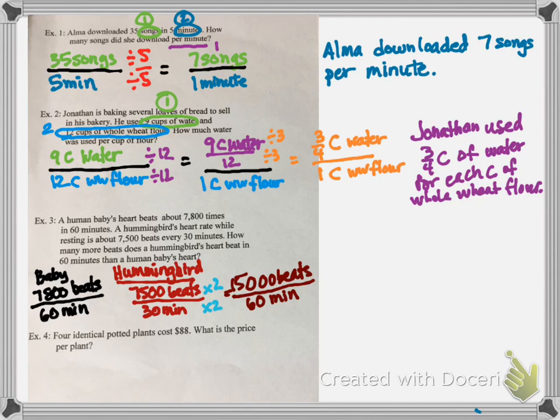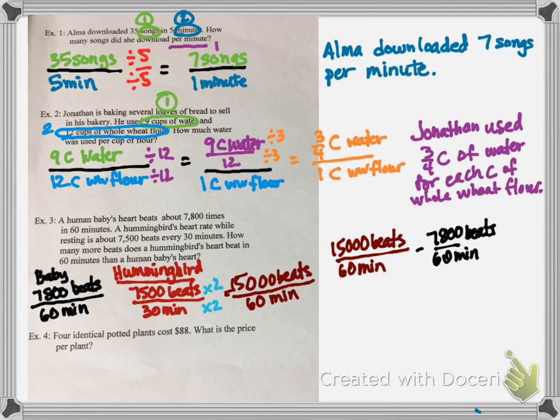So now I can go ahead and figure out what the difference is. How many more beats does a hummingbird's heart beat in 60 minutes than a human baby's heart? So I'm going to take that 15,000 beats per 60 minutes, and I'm going to subtract them. So I'm going to subtract the 7,800 beats per 60 minutes.